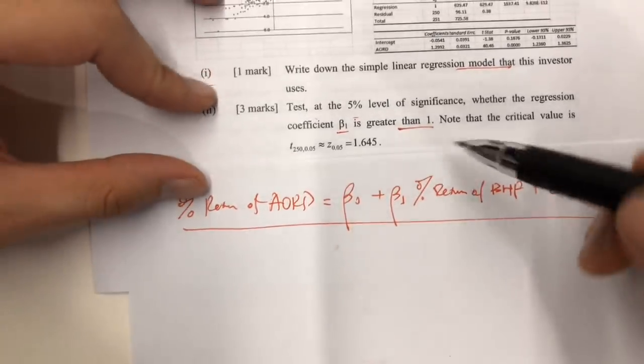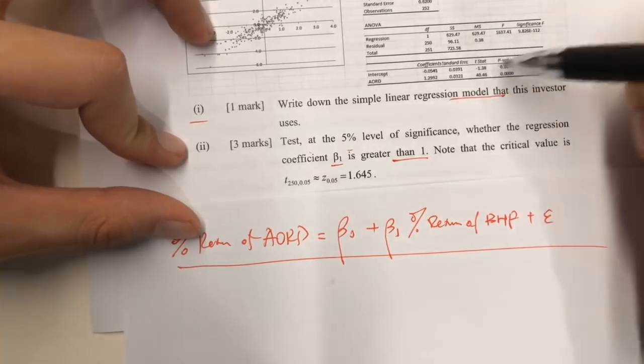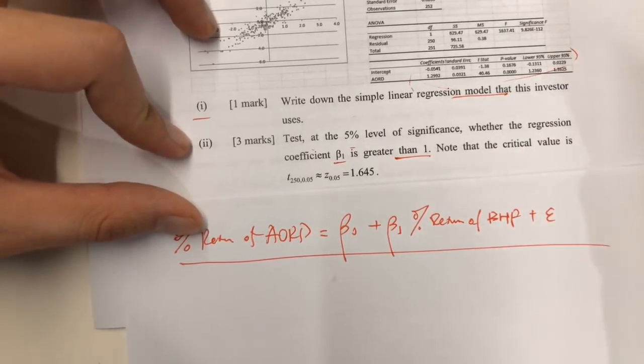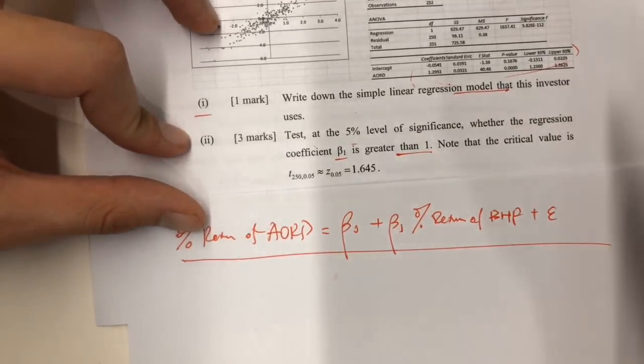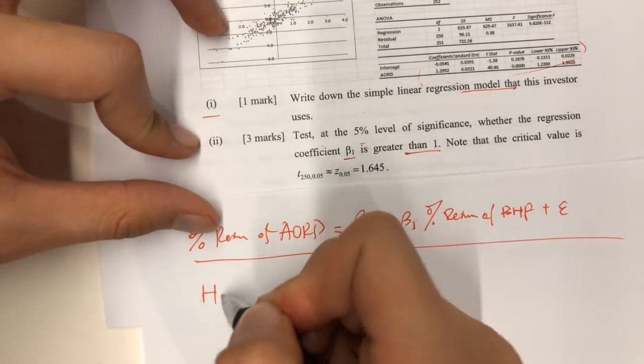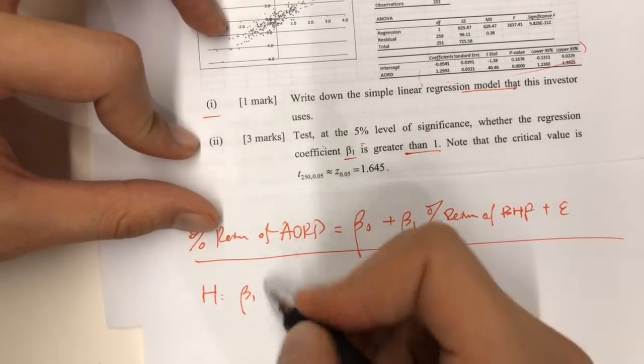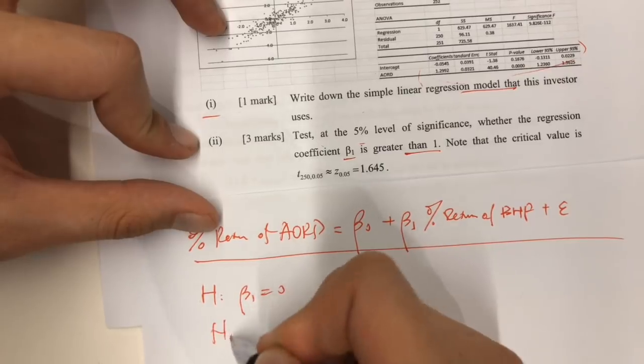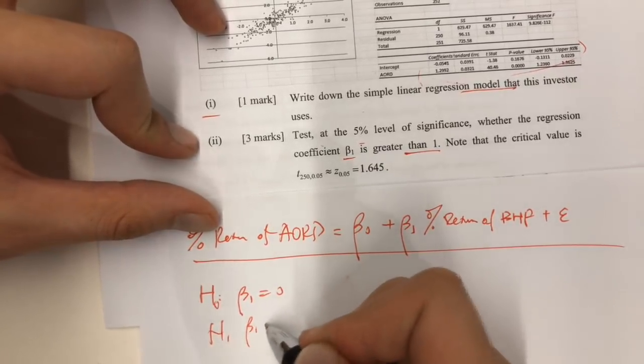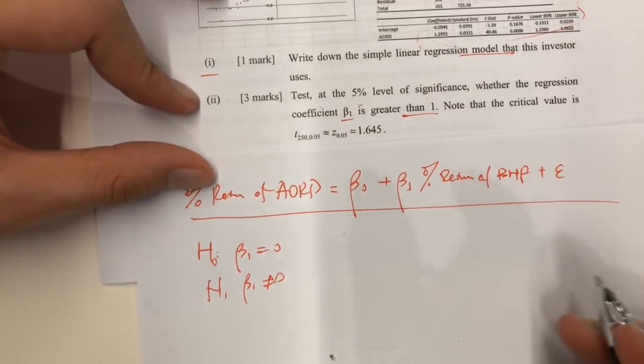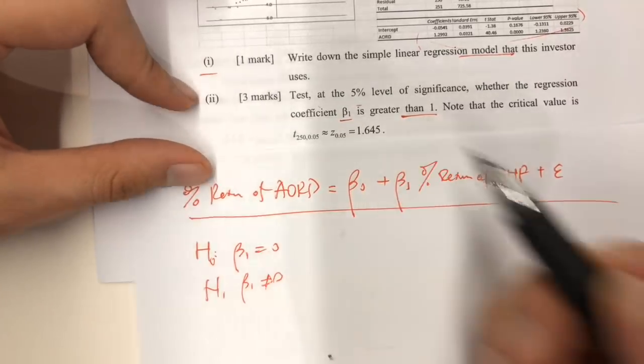Seemingly an individual significance test. But what we did in our individual significance test is beta 1 equals 0 against beta 1, for example, not equal to 0. But now we want to test if it is greater than 1.